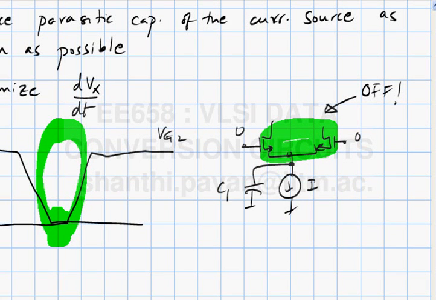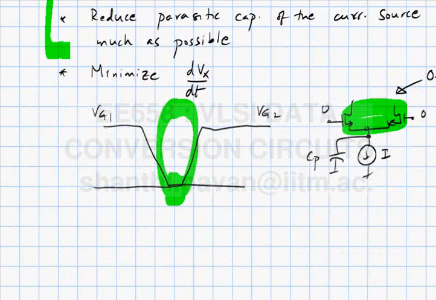And so what happens to this node? There is a parasitic capacitance Cp here, and there is a current flowing. So what will happen to that node potential? All the current which was supposed to get sucked out through the transistor sources has nowhere to go. So it will suck charge out of Cp. So what will happen to this node potential?